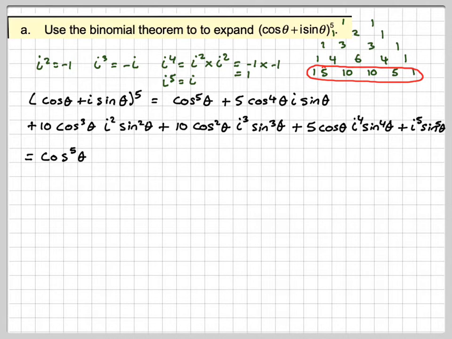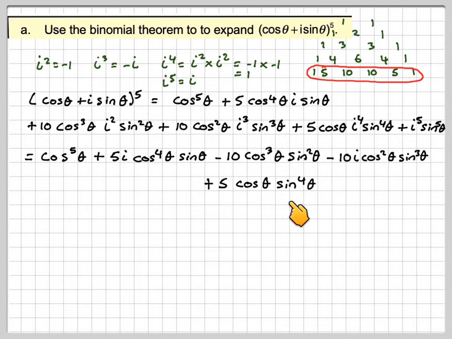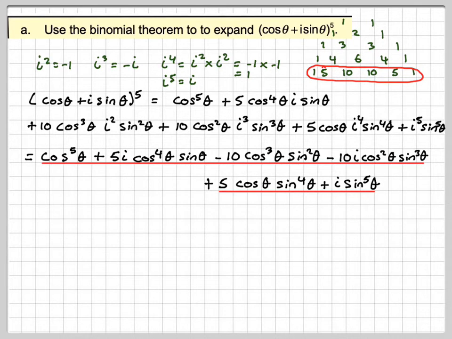So cos to the power of 5 theta, plus 5i cos to the power of 4 sin theta, minus 10 cos cubed theta sin squared theta, because i squared is minus 1, minus 10i cos squared sin cubed, because i cubed is minus i, plus 5 cos theta sin to the power of 4 theta, plus i sin to the power of 5.